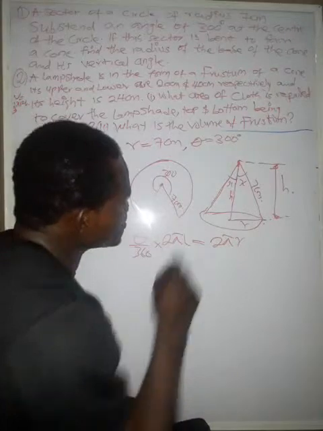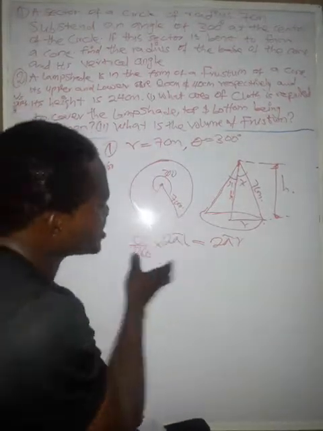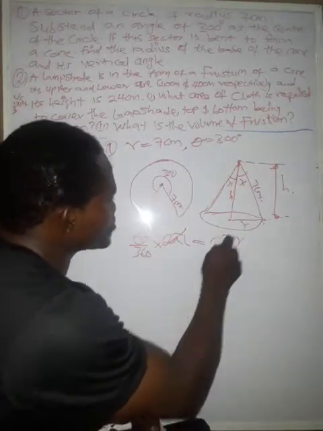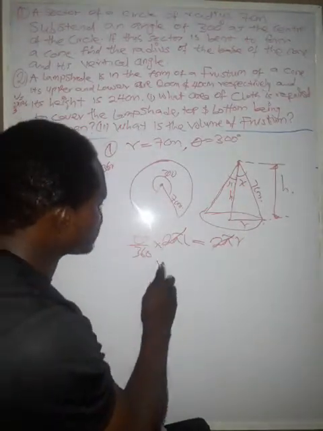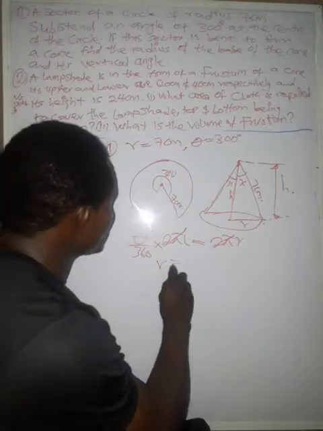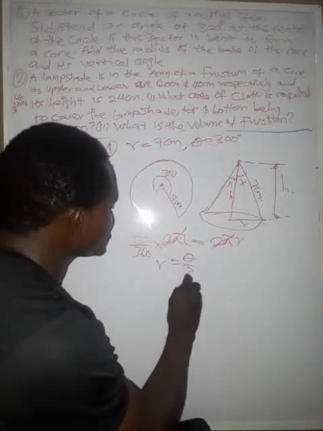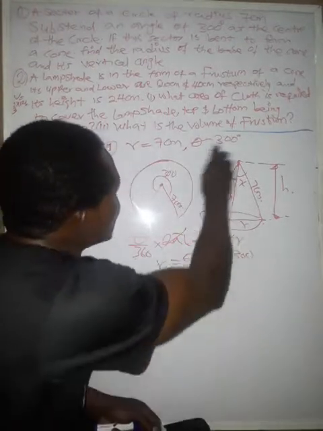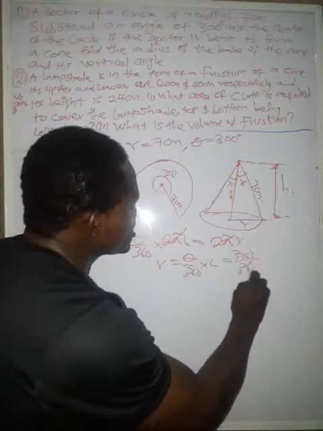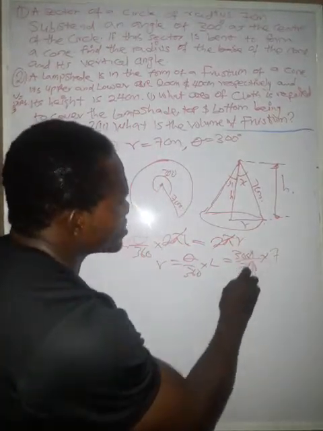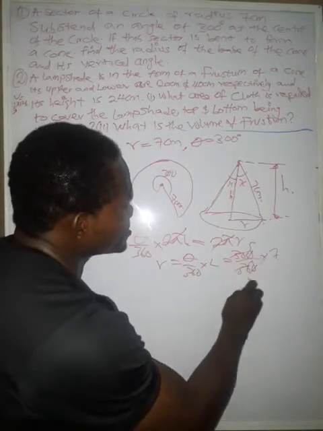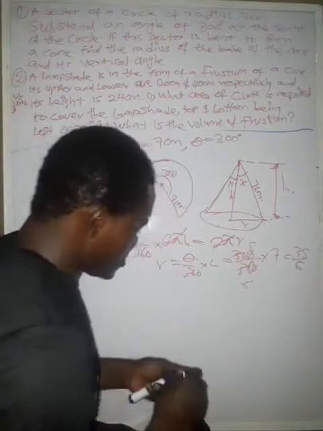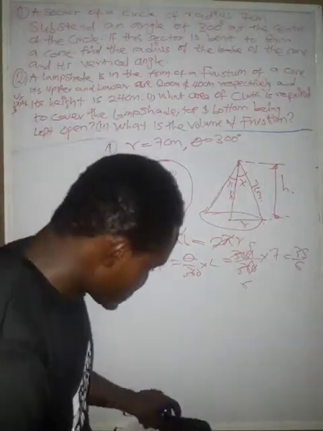Now, since we've gotten this, we know everything here, so I can calculate. Here I can say 2 pi cancels 2 pi, so my r is equal to what remains: theta over 360 times L. Theta is 300, so it is 300 over 360 times 7. Cancel here, 5 here, 6. So that is 35 over 6.